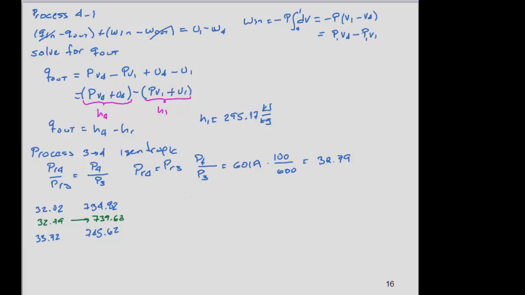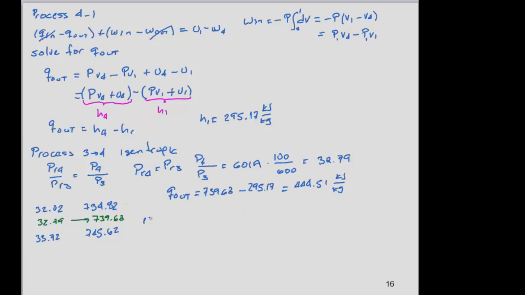So Q out will be the difference between these two, 739.68 that we just got, minus 295.17. This is 444.51 kilojoules per kilogram.